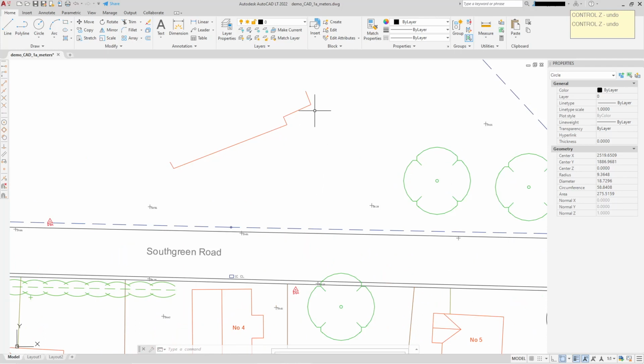So I would stand on this corner of the building and fire my laser at the tree, make a note of the distance, and stand on this corner and fire it at the tree and make a note of the distance, and carry on with the survey.